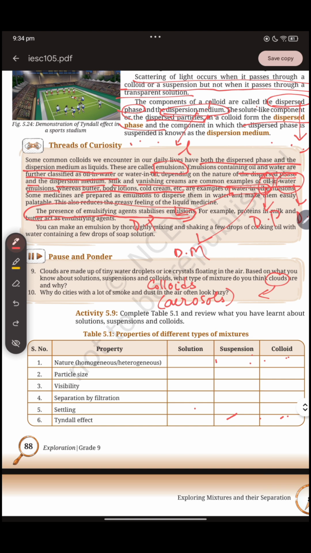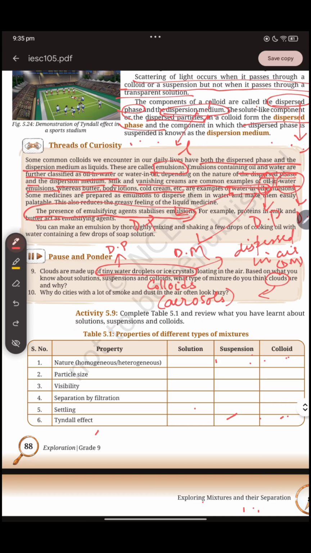Now air is the dispersion medium and these tiny water droplets and ice crystals are the dispersed phase. Don't write the abbreviations as I'm writing DP and DM. You write the complete forms in your exam. And why do they not settle quickly like a suspension?